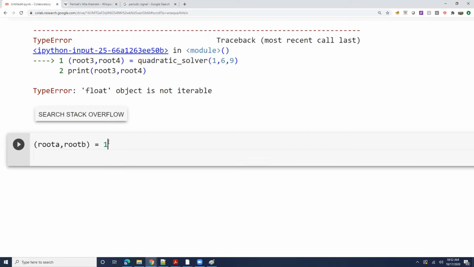Left hand side is a tuple. What is on the right hand side? What is int? So when you assigned a tuple to an int, which one should it assign to? Should it assign to root A or root B? It also does not know. Neither, so you should not really assign.